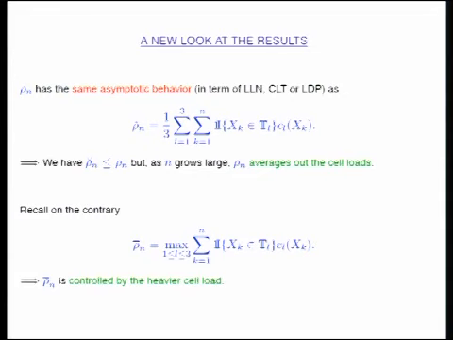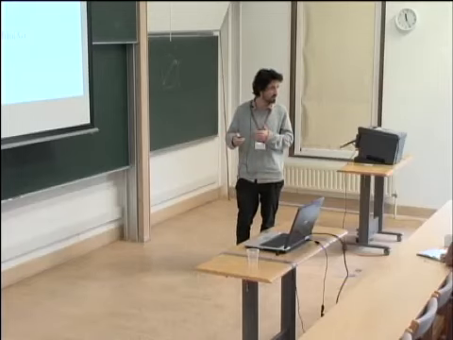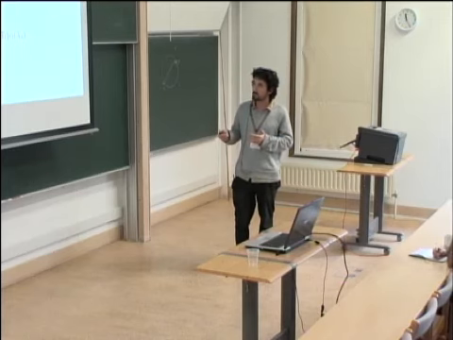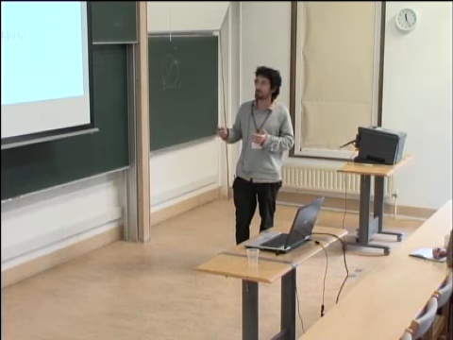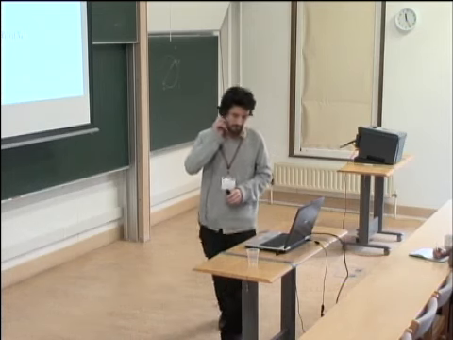So it means that rho n, the optimal load, does as if it manages to average out the cell loads, but rho bar n, the suboptimal, is just controlled by the maximum. So that's where the difference comes from, and if you compute the rate function for the large deviation of this, which is very simple, you will find exactly what I'm saying.